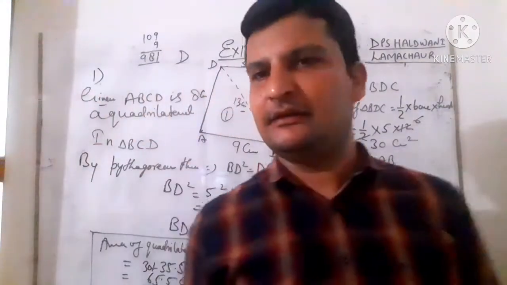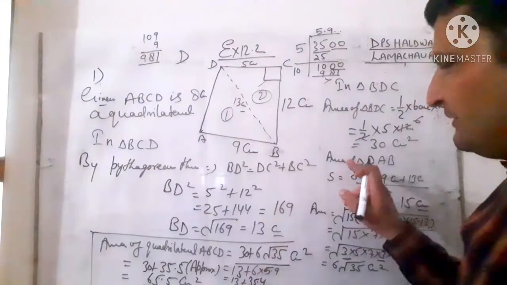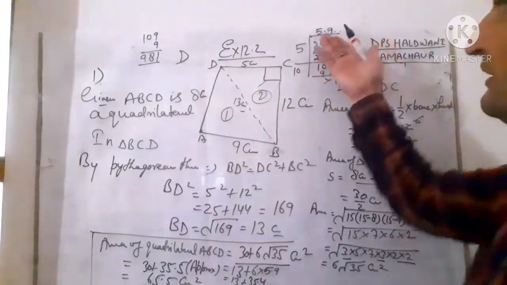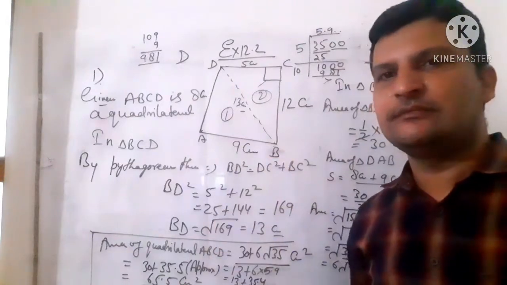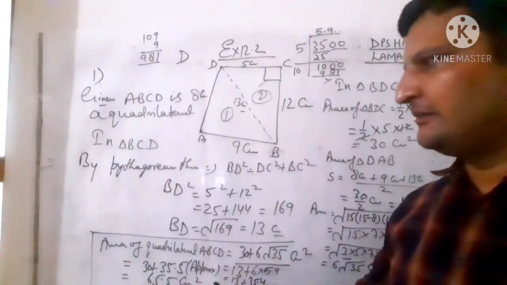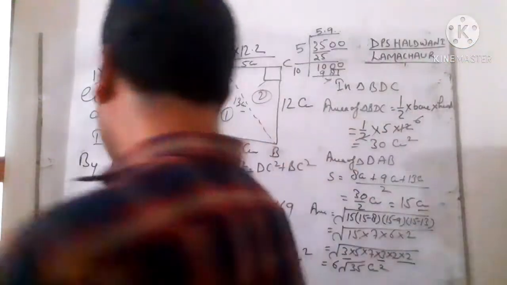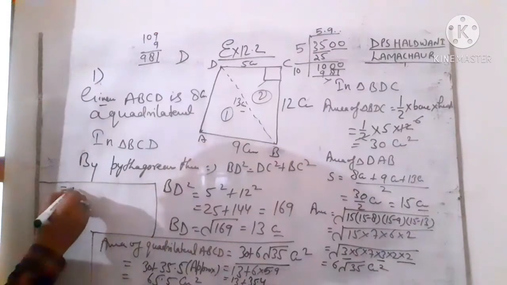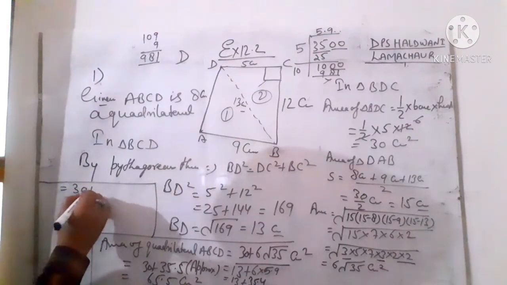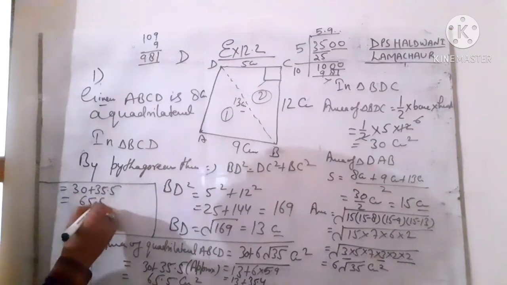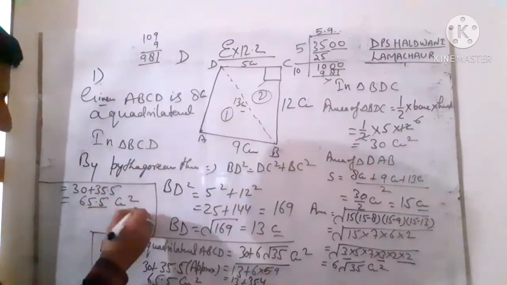So this is 30 plus 35.5, because we found root 35 is equal to 5 point something. So the answer is coming 65.5 centimeter. It is not visible, student, so I am writing it here again. The area of the quadrilateral is coming 30 plus 35.5, that is 65.5 centimeter square.